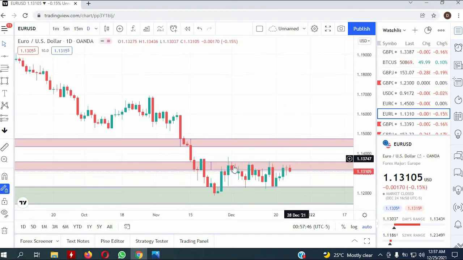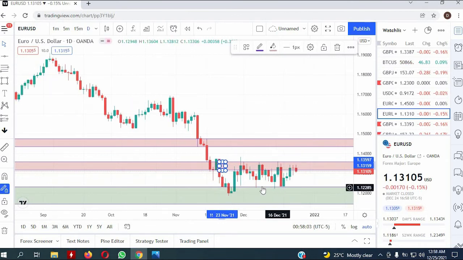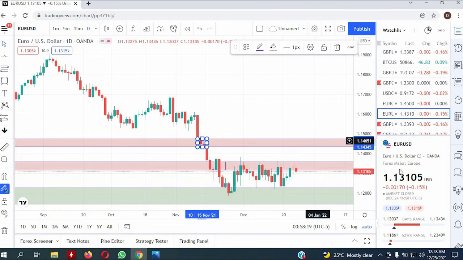Now the EUR USD is ranging between 1.13597 to 1.12322. So if the EUR USD breaks through this level, it will push further up into this level at 1.14345 to 1.14757.